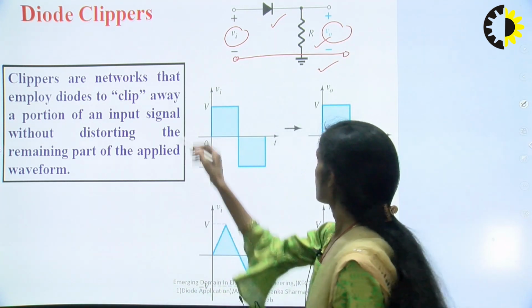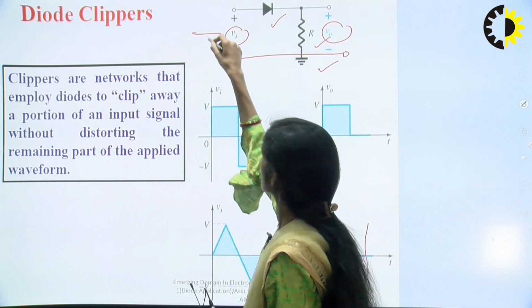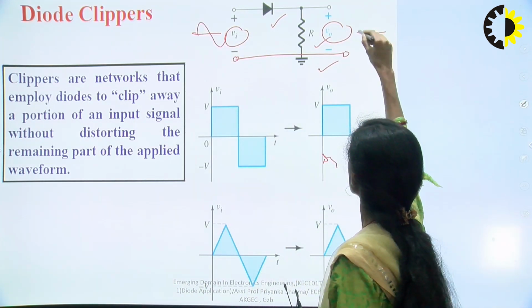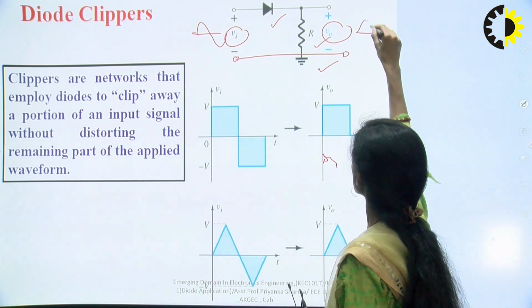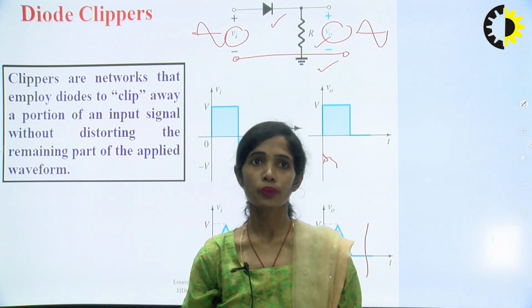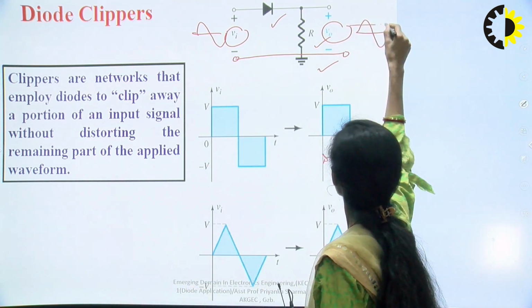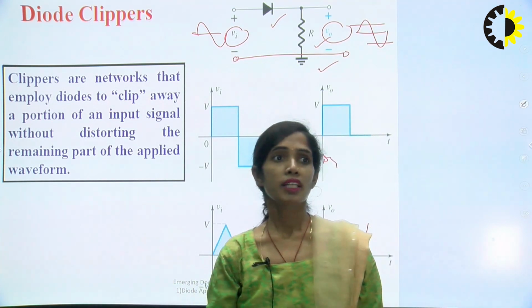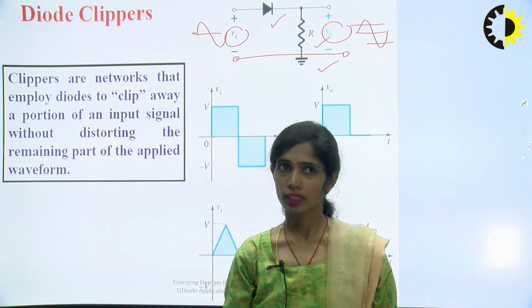If we give a simple sinusoidal input, corresponding to this input we will get the clipped output. Whatever clipping we require, we can clip either the positive portion or the negative portion. We can make different combinations of network.